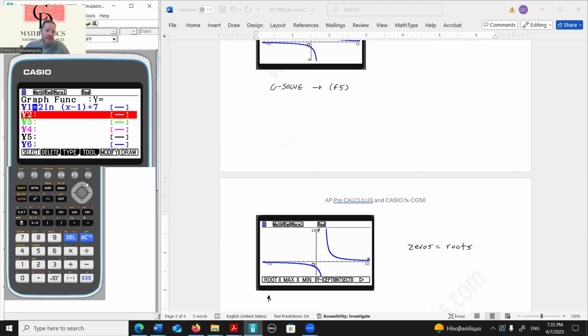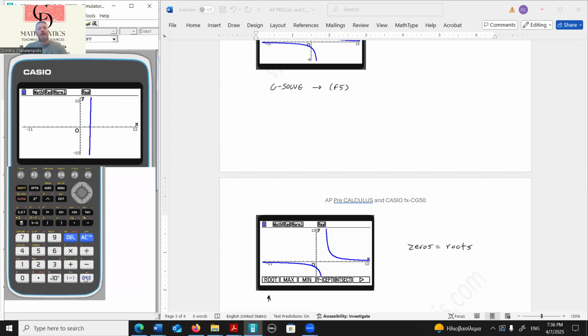Sometimes, however, it can be tricky when we do not see the graph. For instance, let me draw this: 0.25 x, not squared, x to the power of 3 minus 9.5 x to the power of 2 plus 110 x minus 200, and I drew that. But this looks like a line.